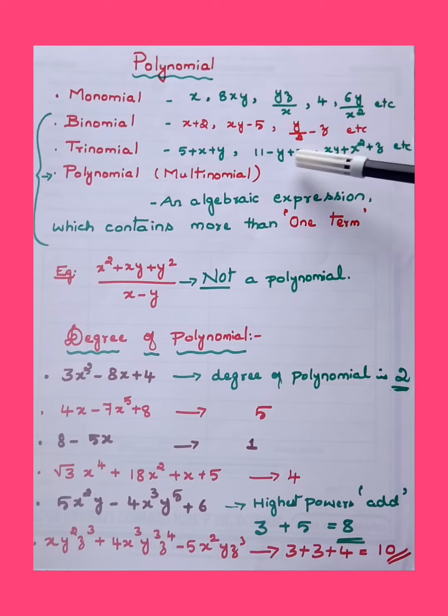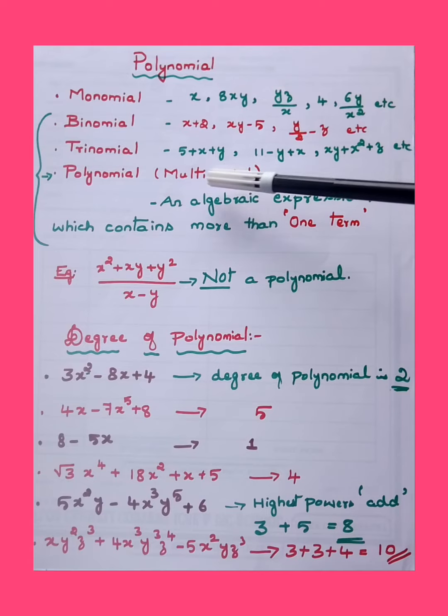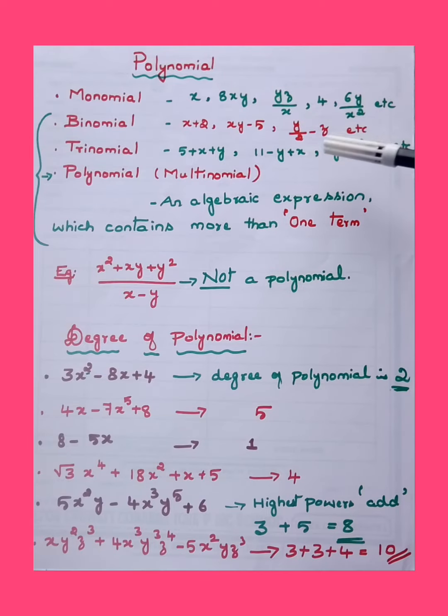As we move further to multinomial or polynomial, an algebraic expression which contains more than one term is called a polynomial. Hence, binomial and trinomial also come under polynomial. So a polynomial contains more than one term.